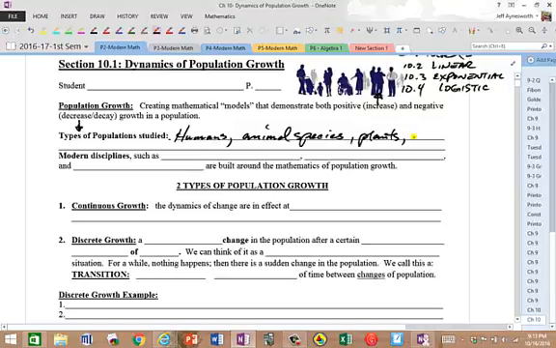And also, we could be talking about inanimate objects too, such as money.